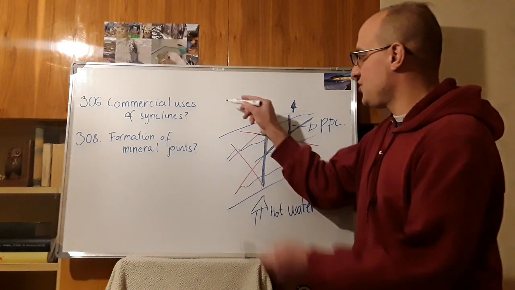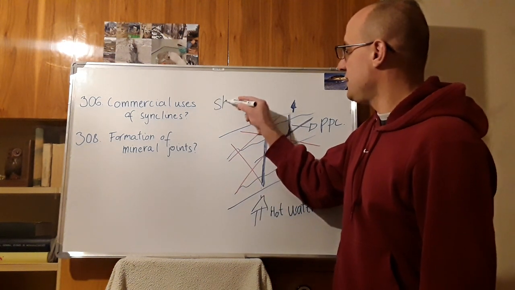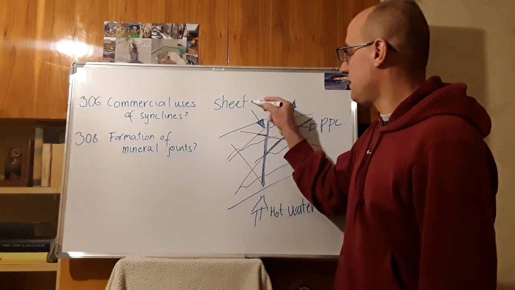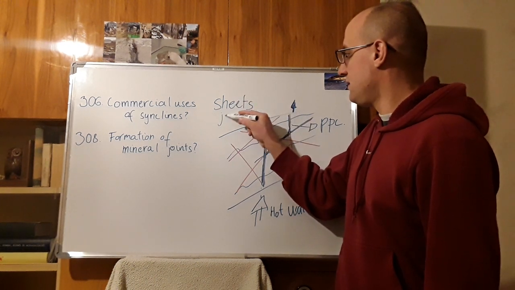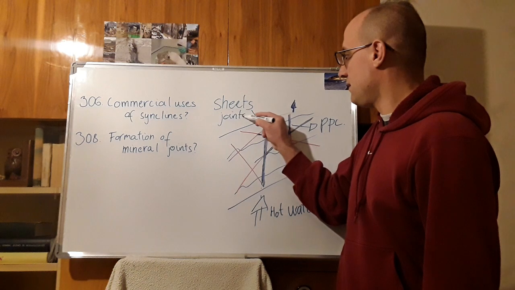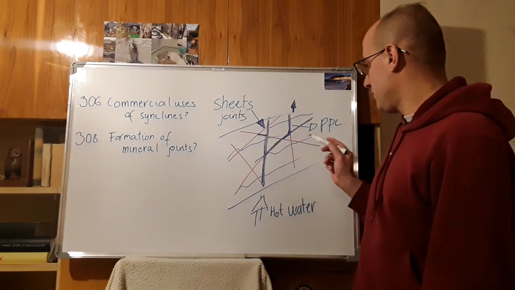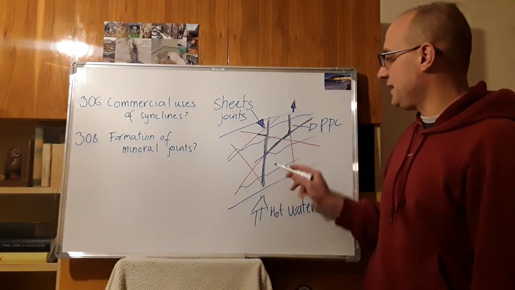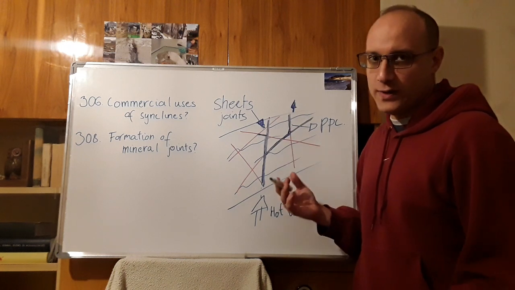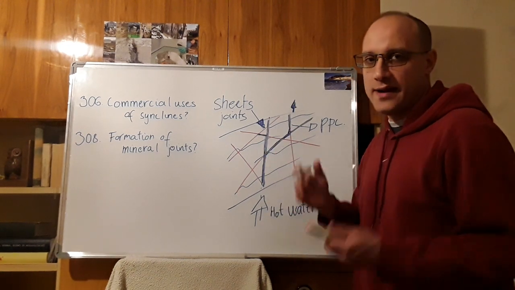They can also be sheets or joints of minerals, which have precipitated as the water is cooling down. It's traveling there.